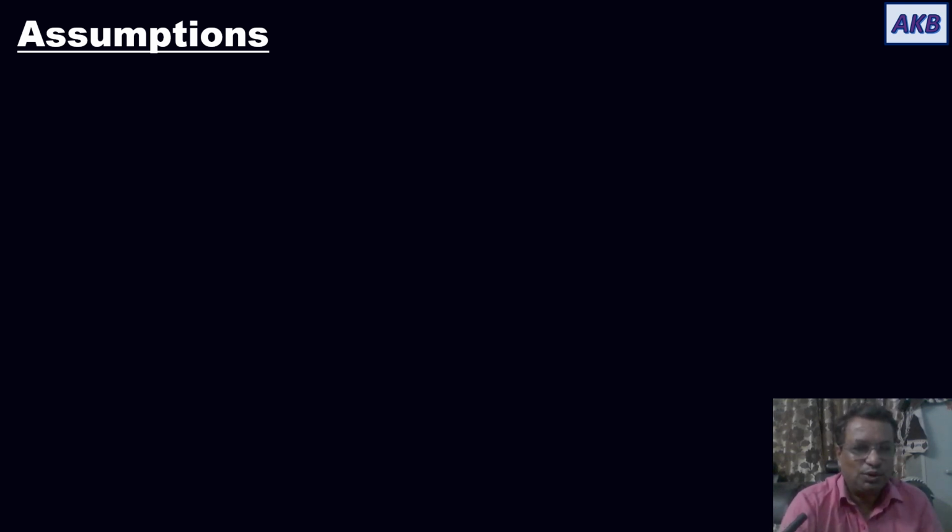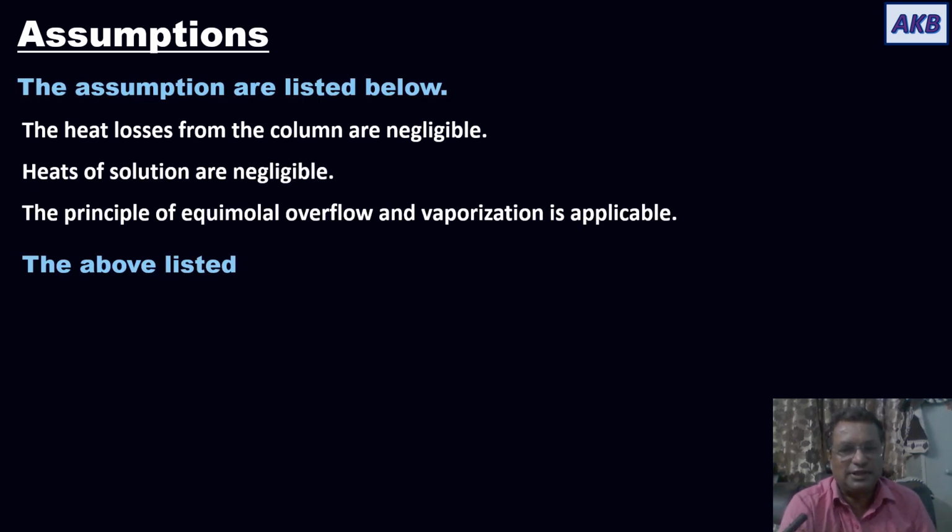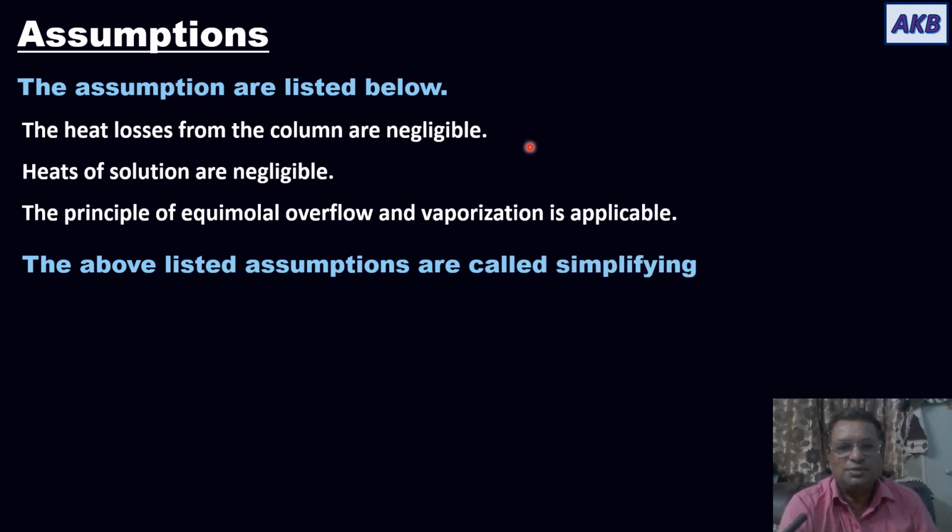The way I have shown the effect of each assumption, there is no need of telling what is the effect. What is important for you is to remember the assumptions that are made while using the McCabe Thiele method. What are the assumptions? Heat losses from the column are negligible, heats of solution are negligible, and the principle of equimolar overflow and vaporization is applicable.